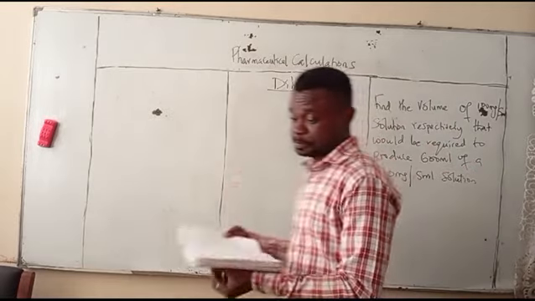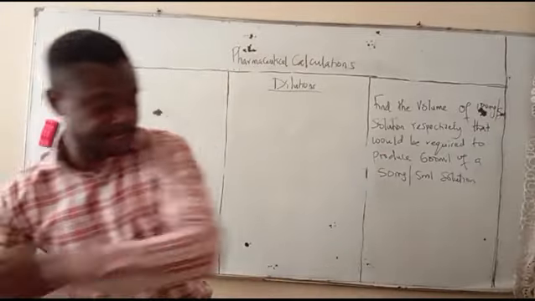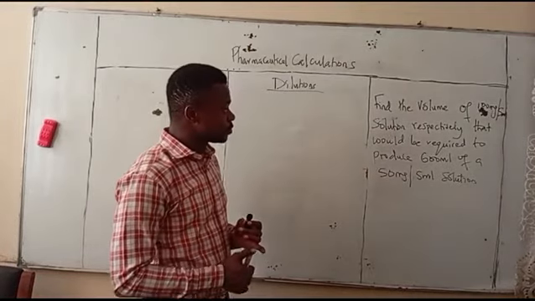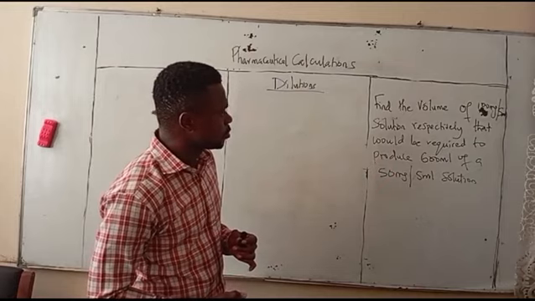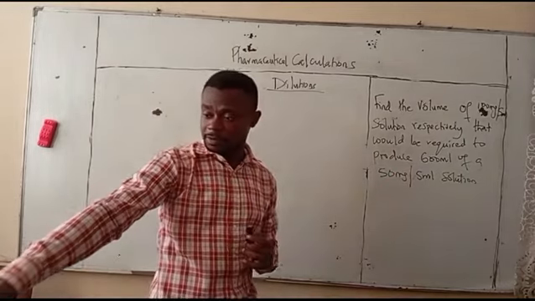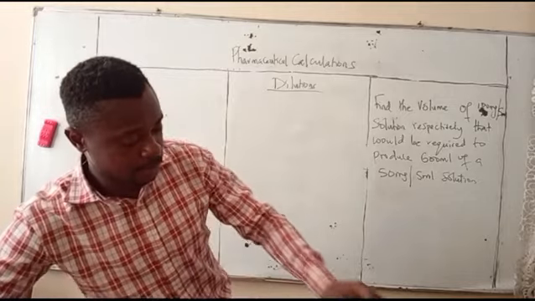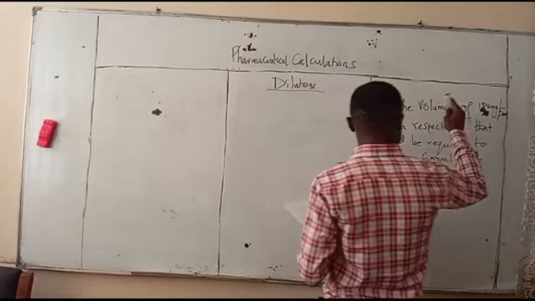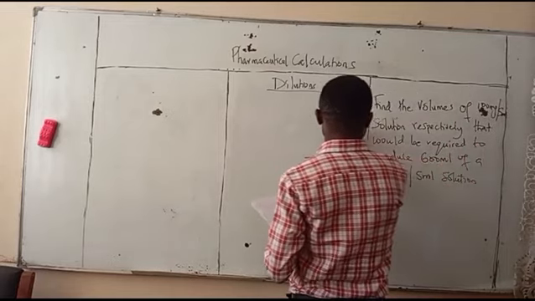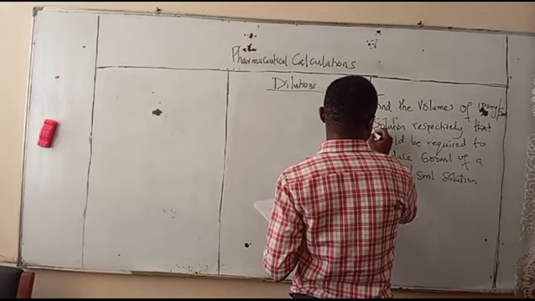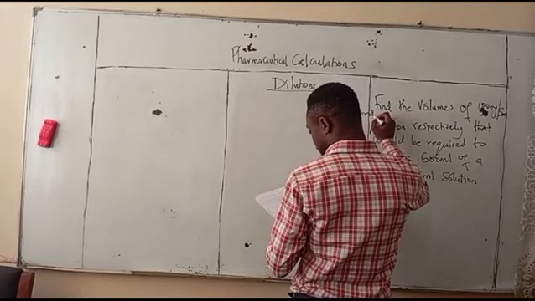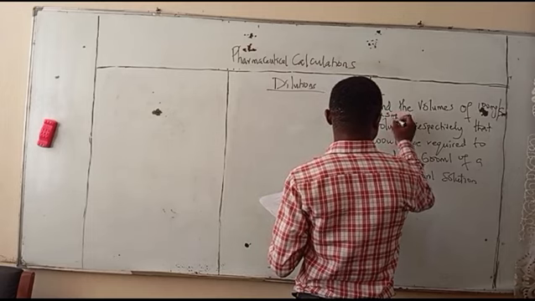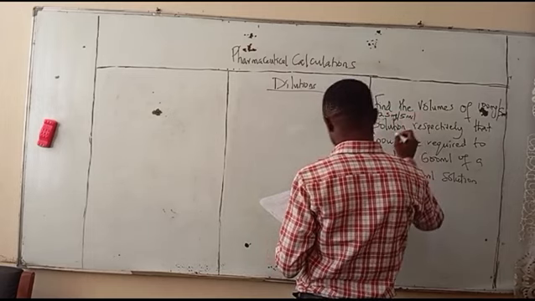The question says, find the volume. Something is missing. Please give me the question again. Find the volumes of this, and 25 milligram per 5 ml solution.